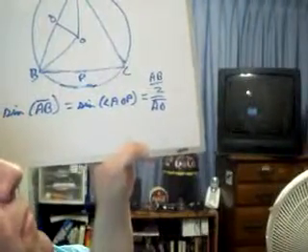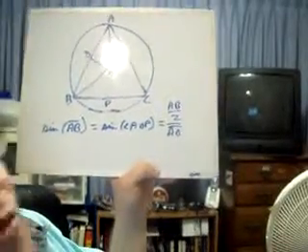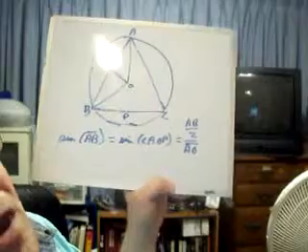Now, can we replace that AP? Of course we can, because AP is actually AB divided by 2. Now, can we replace that AO? Of course we can. What is AO? It's the radius of the circle.